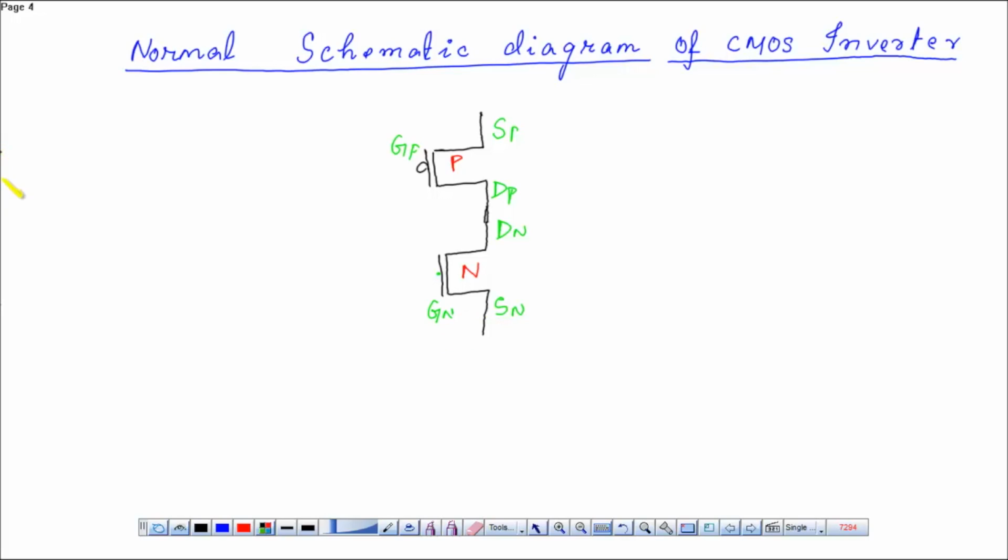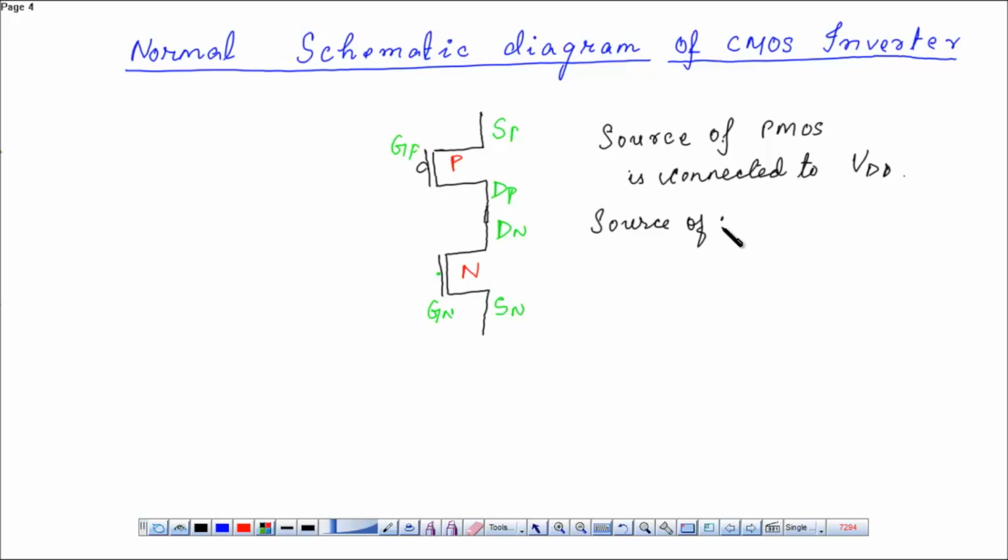We all know that the source of PMOS is always connected to VDD, and the source of NMOS is connected to ground, or you can write it as GND.